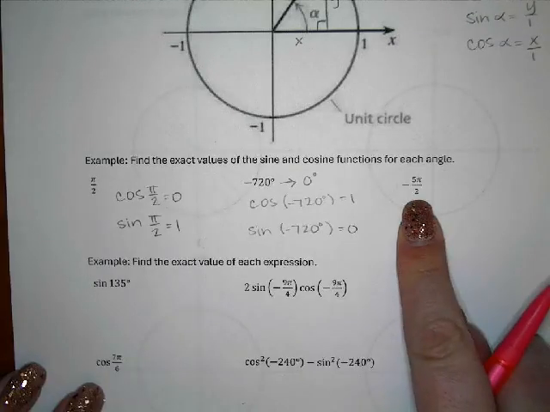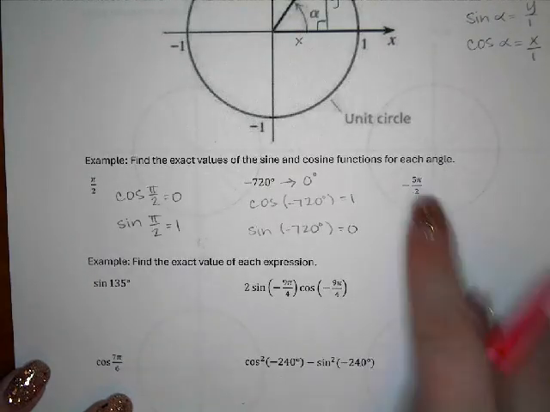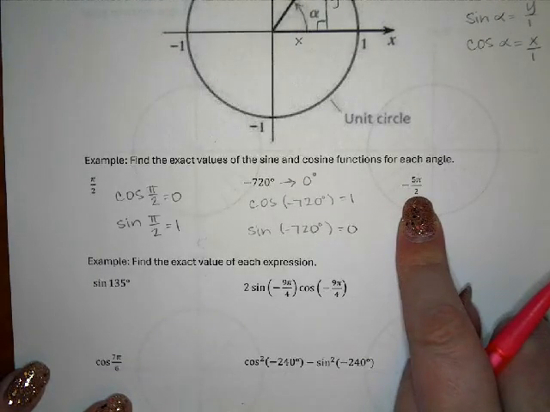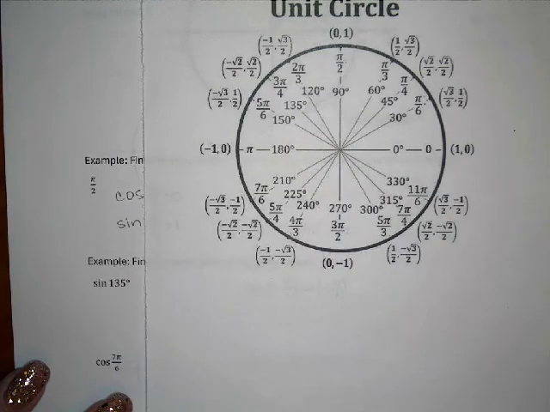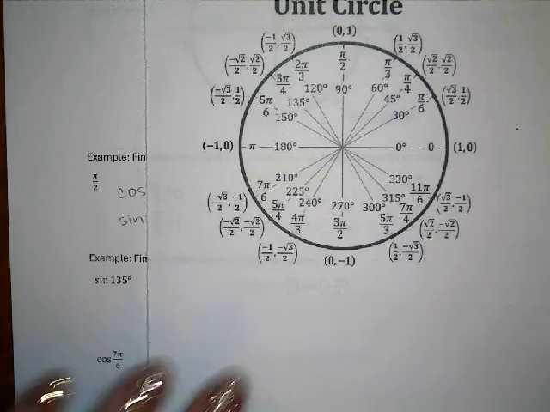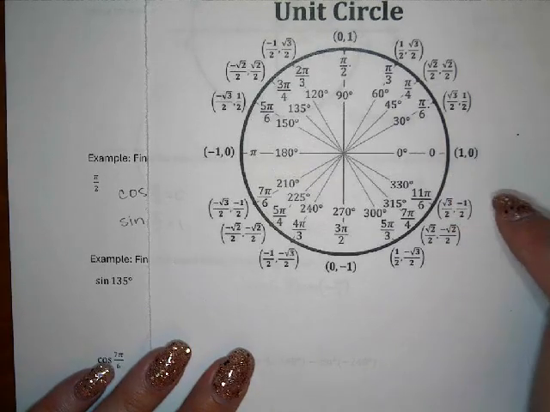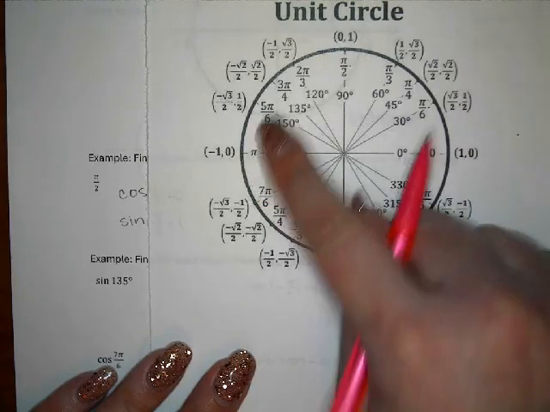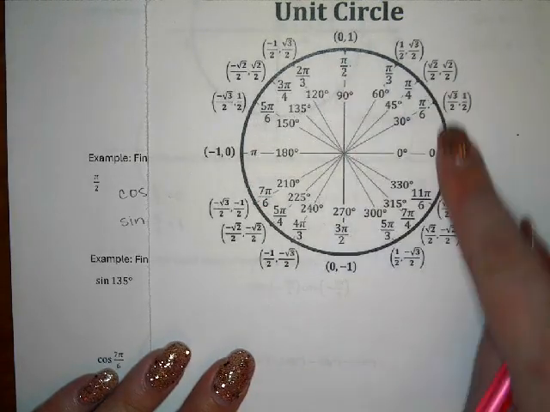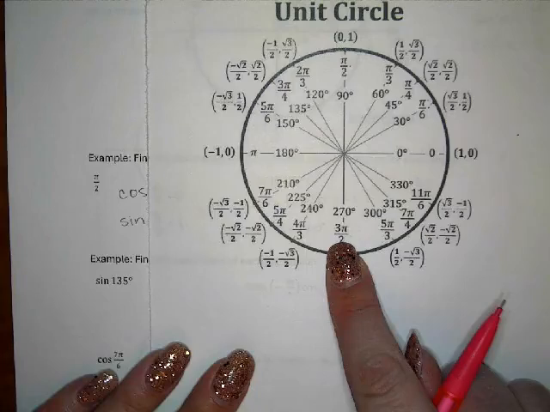Negative 5 pi halves: I can add 2 pi to find a coterminal angle, or if you feel more comfortable, we could count our pi halves and just go backwards. Negative 1 pi halves, negative 2 pi halves, negative 3 pi halves, negative 4 pi halves, negative 5 pi halves.